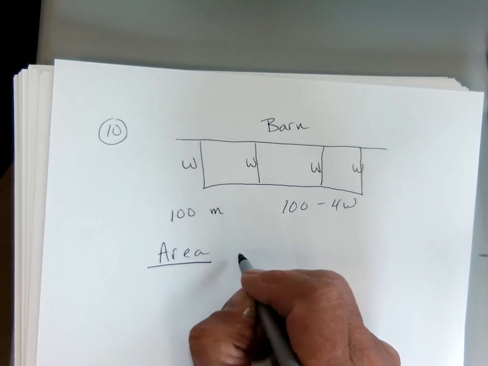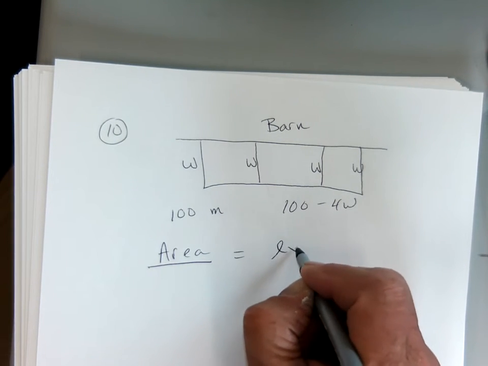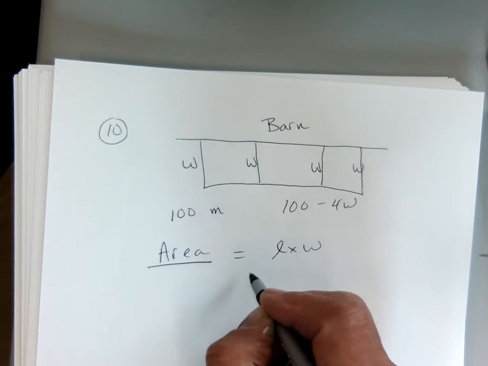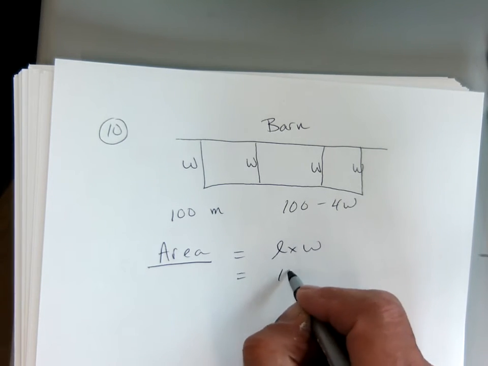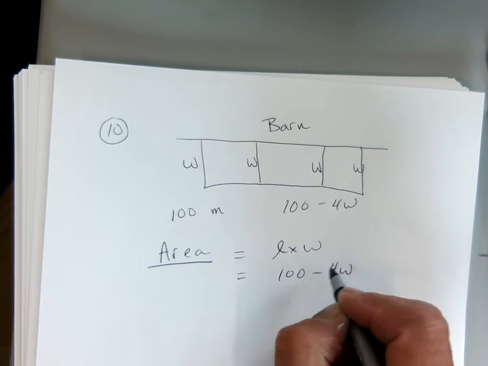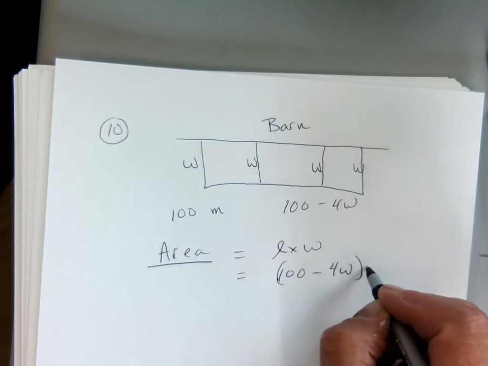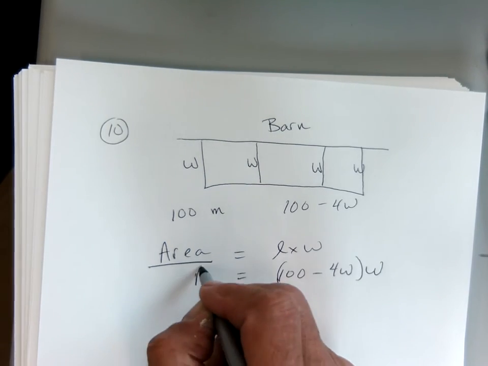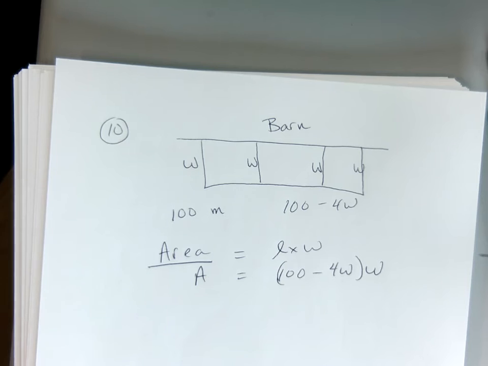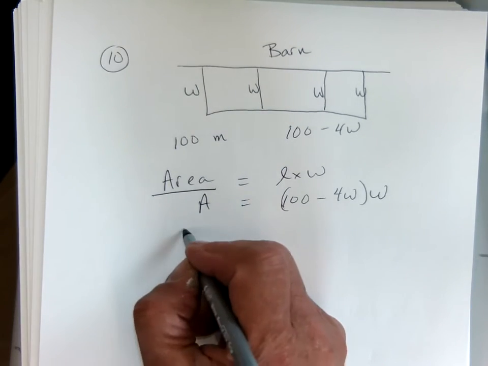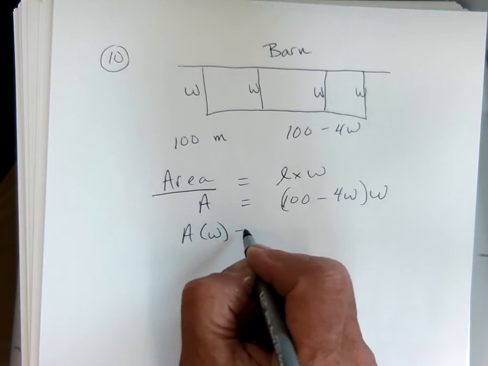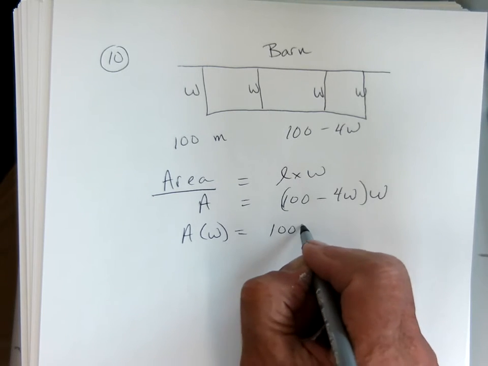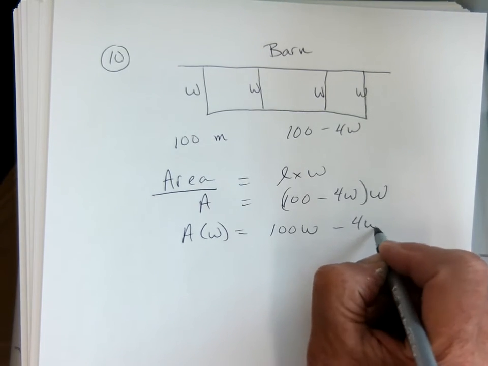So I know area is length times width, which would be 100 minus 4w times the width, which is w. So area with respect to the width is 100w minus 4w squared.